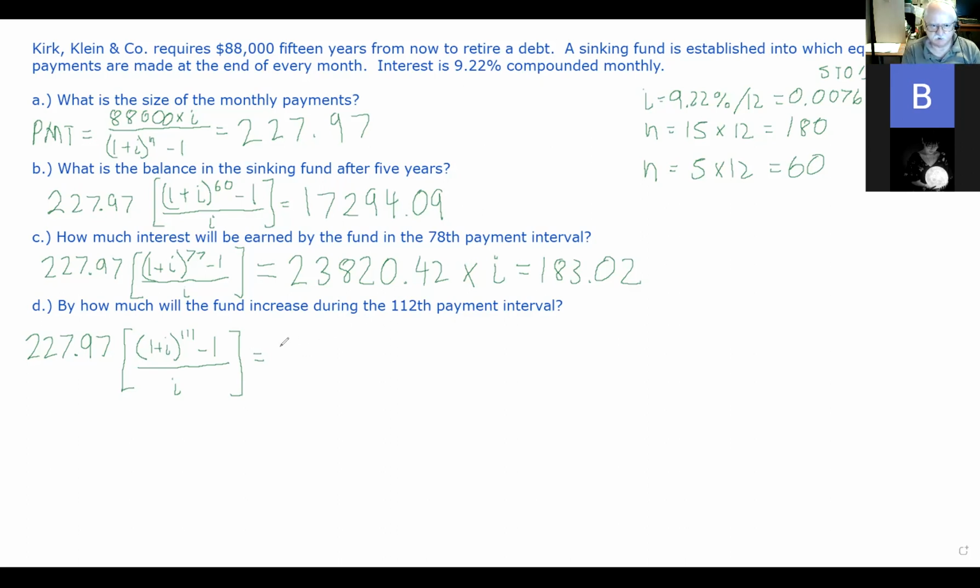So I'm getting the value of the fund at the end of the 111th period as 39719.85. And we're going to figure out how much interest accrues on that.